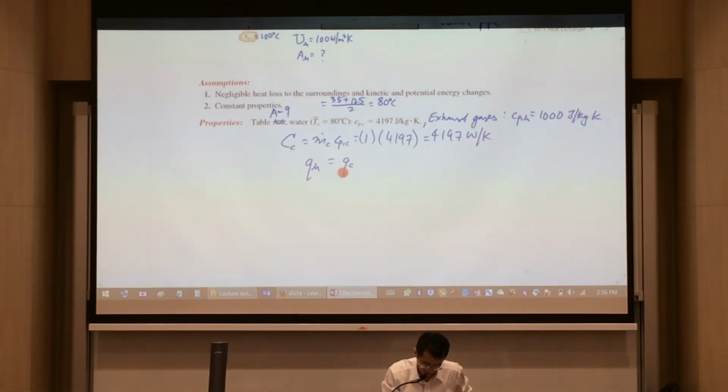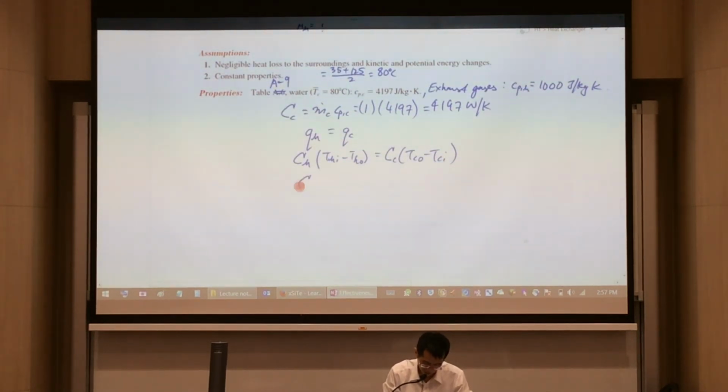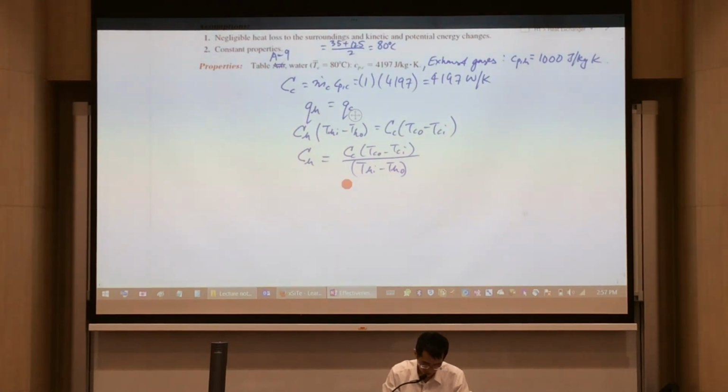So Q_h equals Q_c, where Q_h is C_h times the temperature difference T_hi minus T_ho, equal to C_c times T_co minus T_ci. We can re-express this with C_h as the subject: C_h equals C_c times (T_co minus T_ci) divided by (T_hi minus T_ho). Substituting the values, 4197 multiplied by (125 minus 35) divided by (300 minus 100).